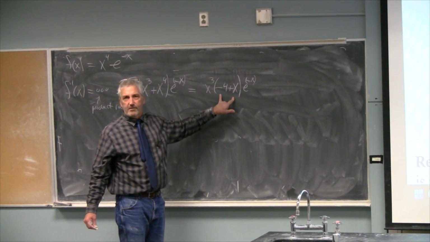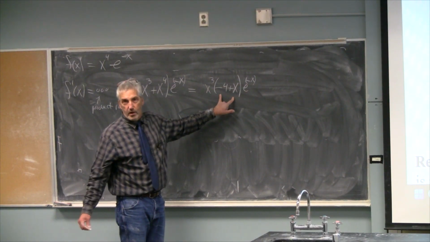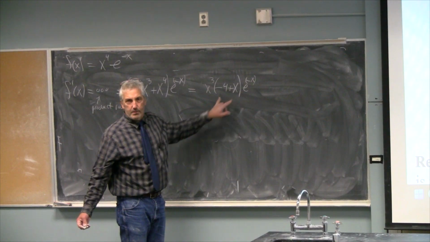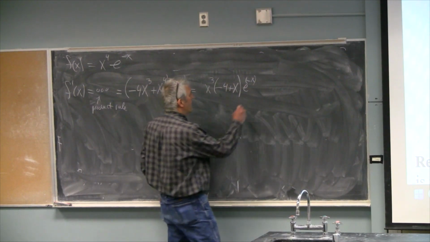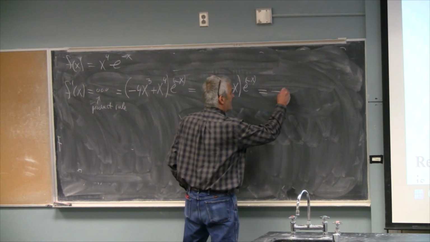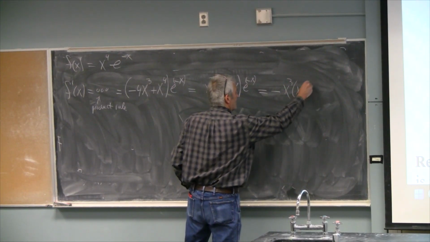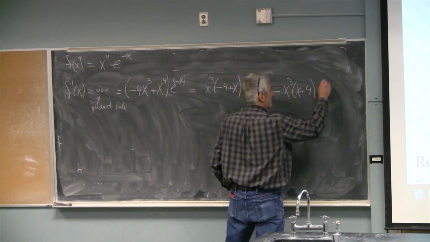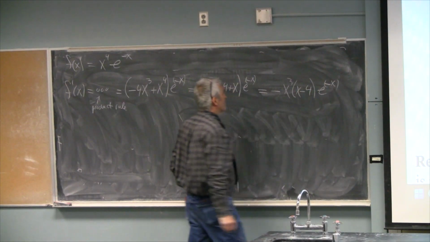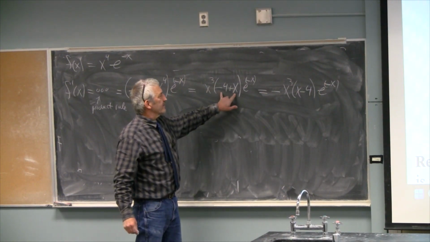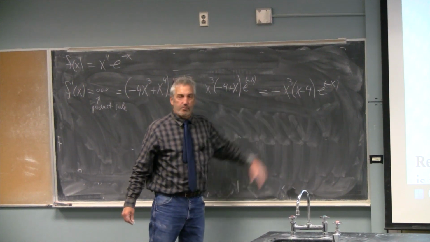I like to have factors that say x minus a number or x plus a number. I like the x to be on the left. So I'm going to pull out a minus sign in front of the whole thing. So instead of writing minus 4 plus x, I'm going to write minus x minus 4.